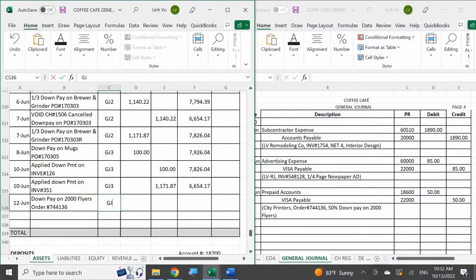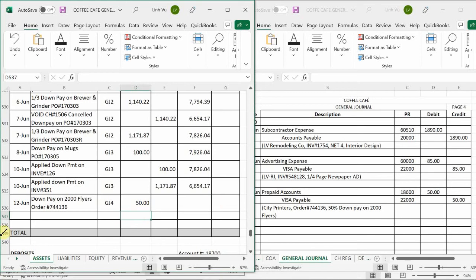You are still on your journal page 4, and because you increased that $50, you should be at $6,704.17. You just add $50 to this. So there you go, there's my down payment.